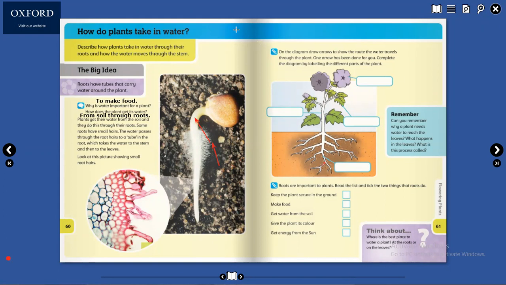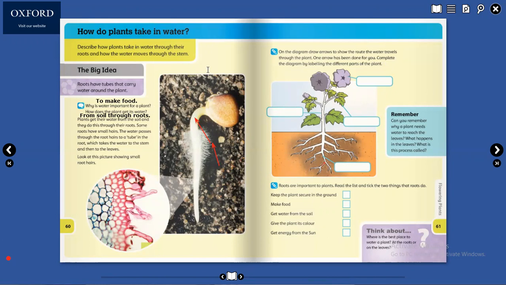Okay, here we have on the diagram, draw arrows. Here you can see an arrow, a small red arrow, to show the route the water travels. One arrow has been done for you. Complete the diagram by labeling the different parts of the plant.